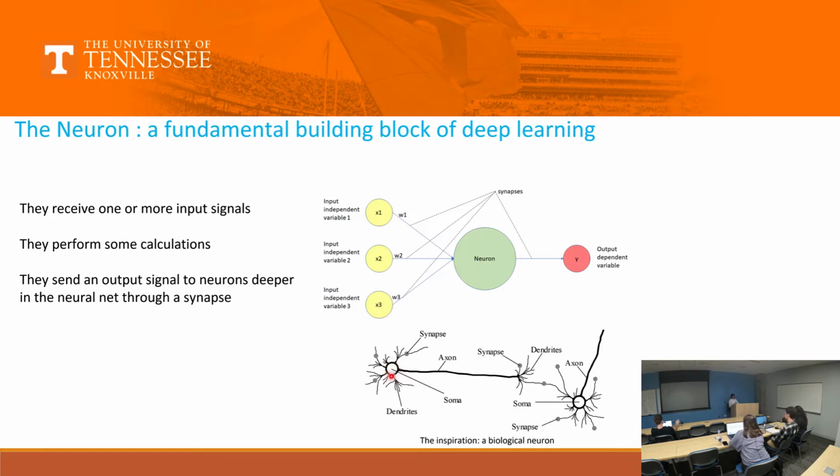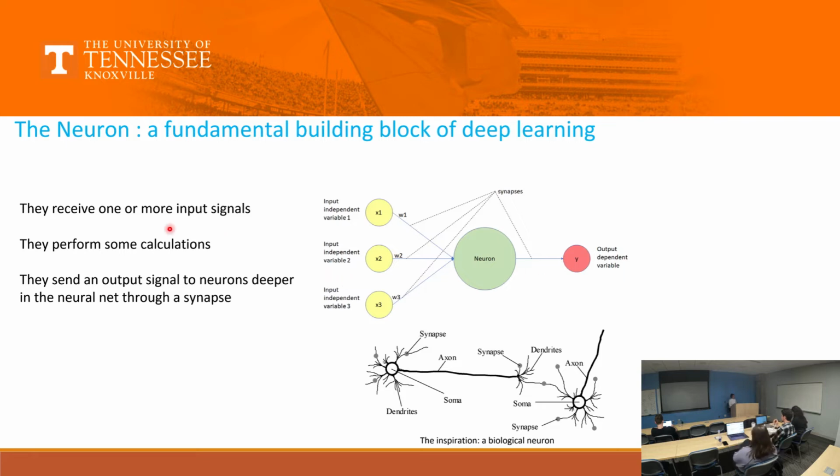In the biological neuron as well, we have dendrites, and you have the input coming from the dendrites to the neuron, and then you have an output here. And one thing is synapses, where you have these connections. The synapse is the connection between your neuron and your input layer, and also your neuron and output layer.